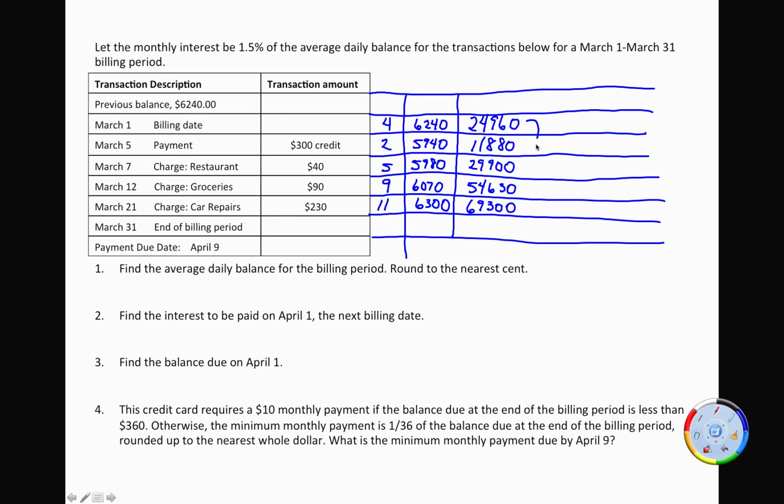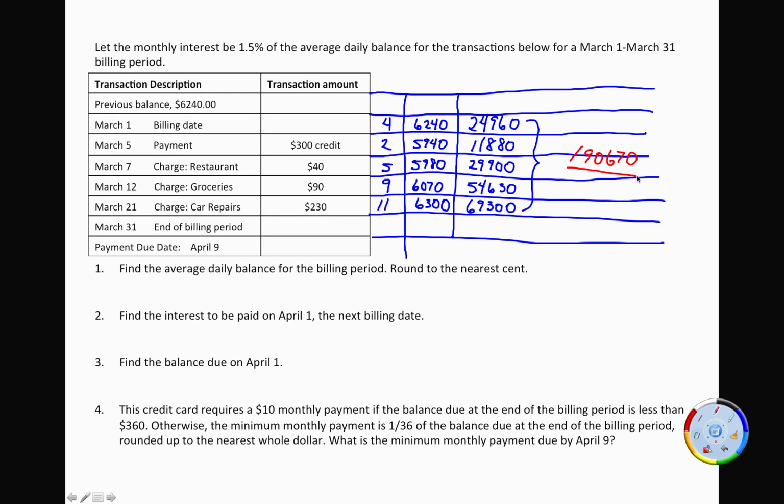Okay, now I want to sum all of these up. So add them all up. 24,960 plus 11,880 plus 29,900 plus 54,630 plus 69,300. Okay, and I get $190,670.